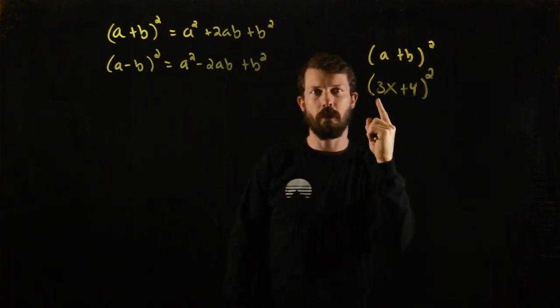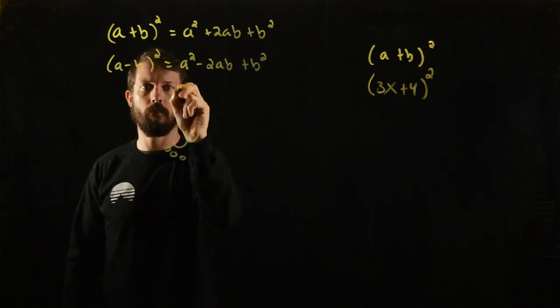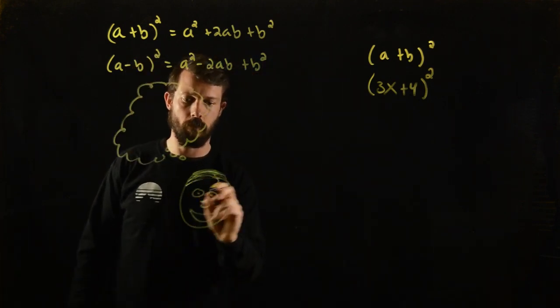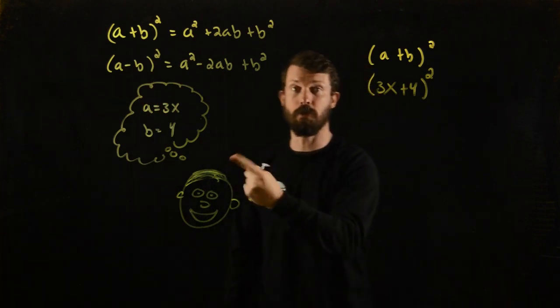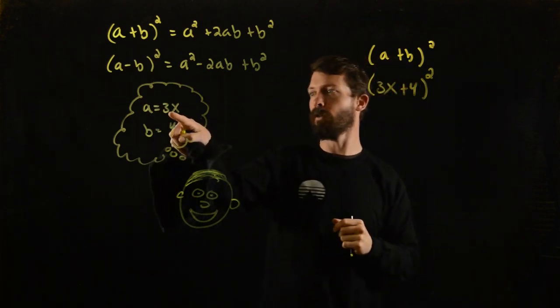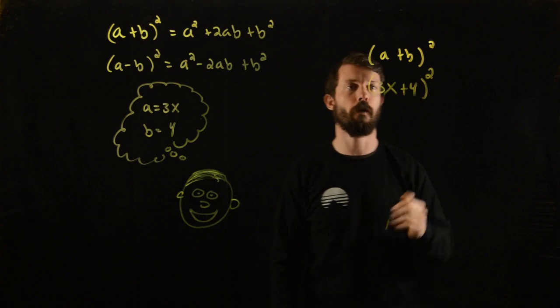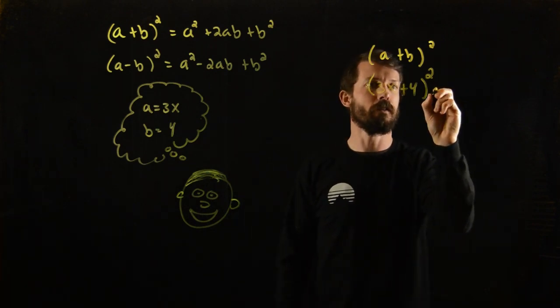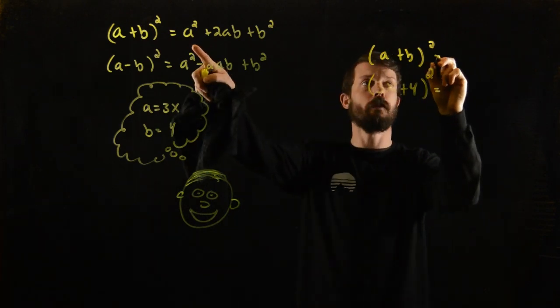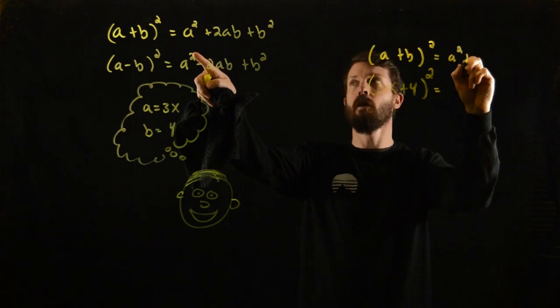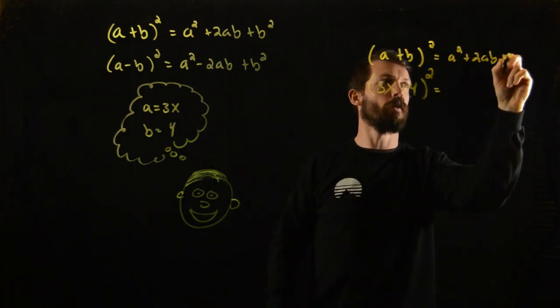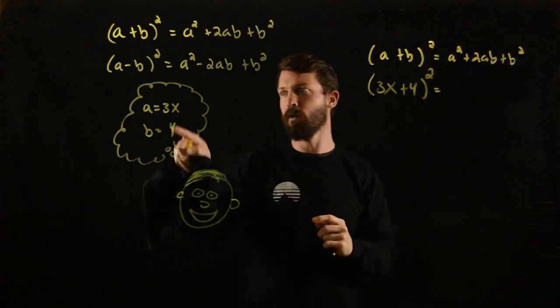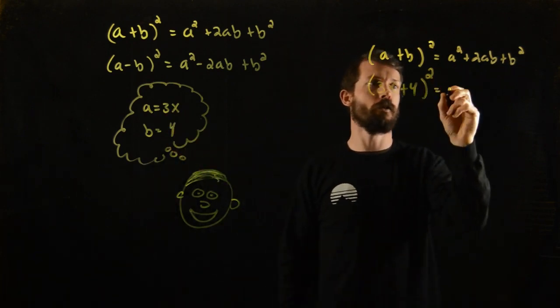So in your head you should be thinking that your a value is equal to 3x and your b value is equal to 4. All that means is with this pattern I have to use this one right here. So I'm going to do a squared plus 2ab plus b squared. All you have to do is take these values and substitute them back into here.